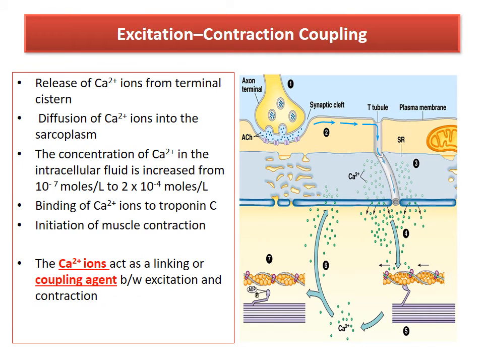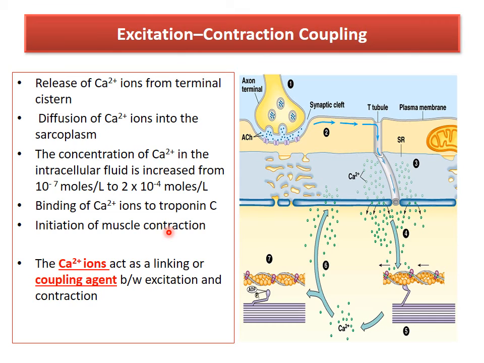Due to the release of calcium ions from the terminal cistern of the L tubule and diffusion of calcium into the sarcoplasm, you can see at number 4 here, the concentration of calcium is increased in the ICF. Now this calcium gets attached to the troponin protein of the thin filament at the troponin C subunit, causing a chain of events which initiate the muscle contraction.